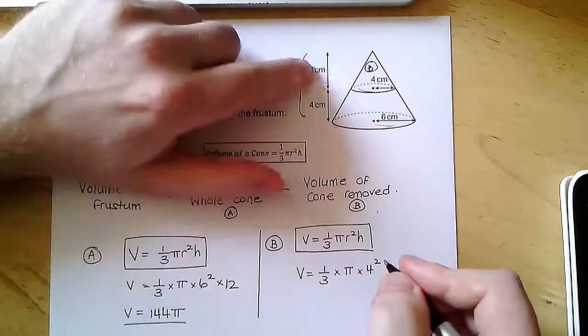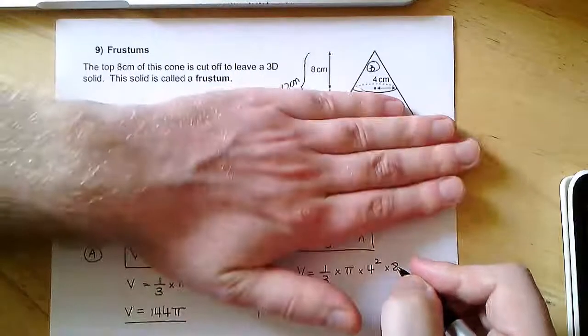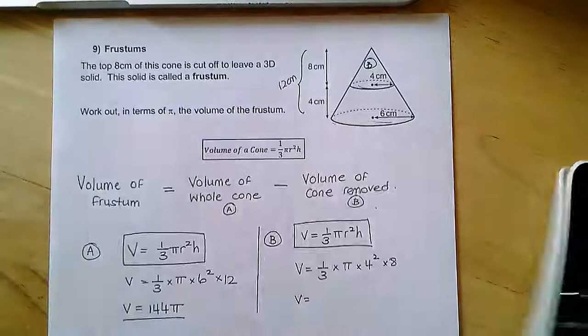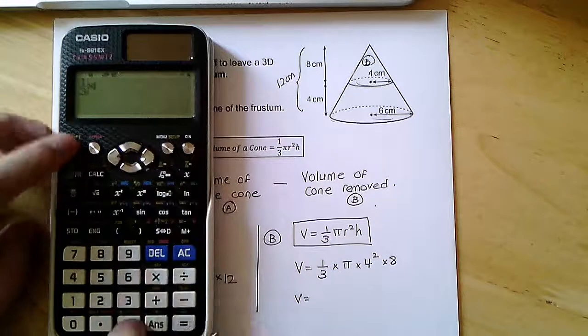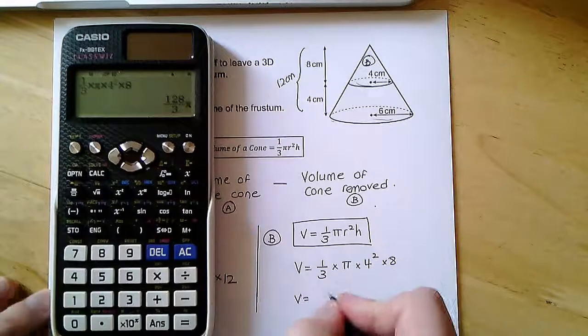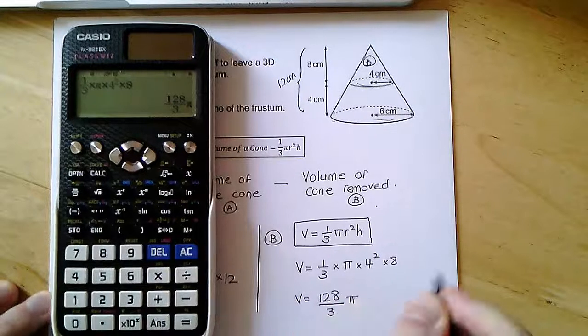And the height is 8. I'm just interested in that part there. So the volume is a third, lots of pi, lots of 4 squared, lots of 8, which is 128 over 3 pi. Don't round it.